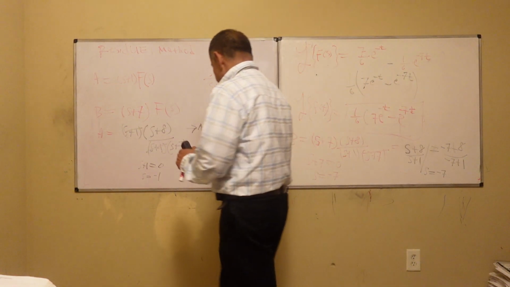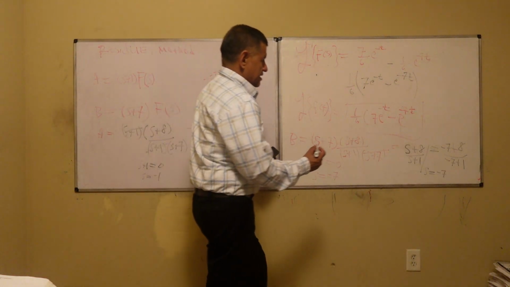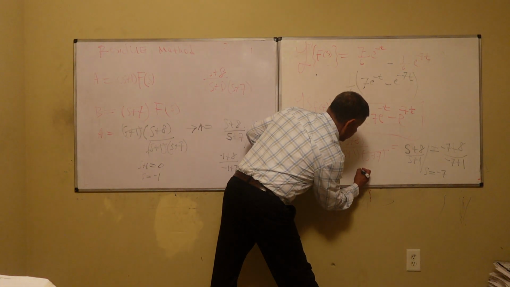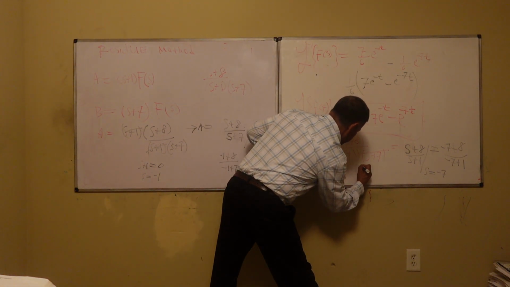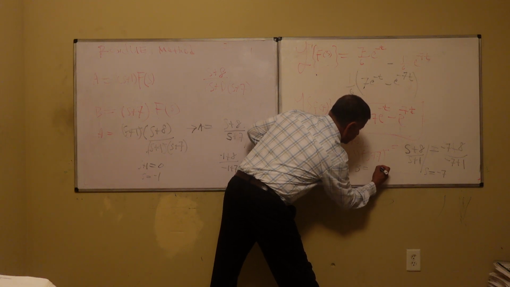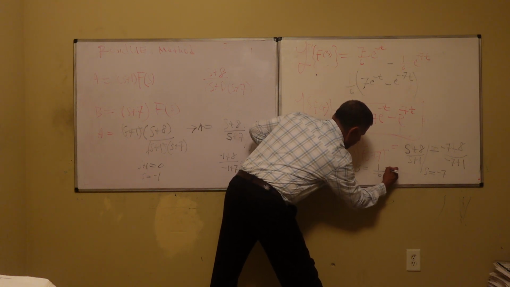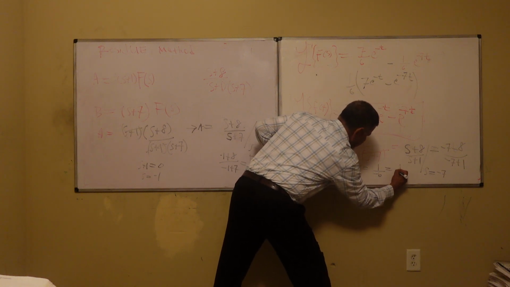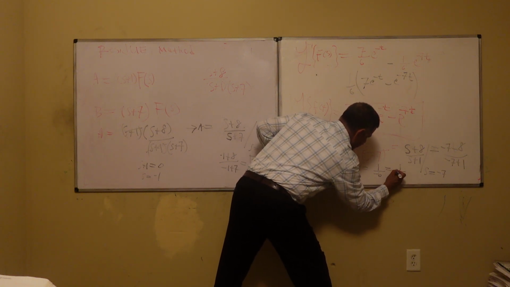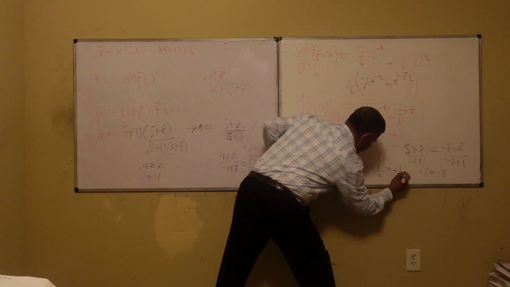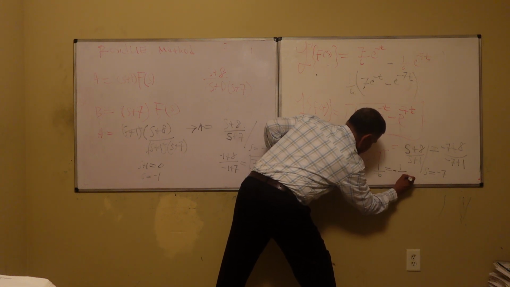So in this case B is equal to 1 over negative 6, which is negative 1/6.